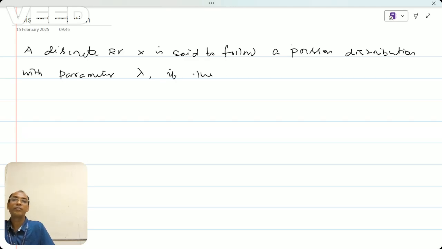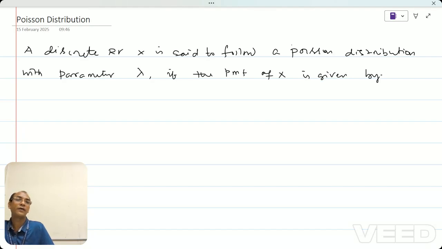the PMF, probability mass function of X, is given by probability of X equal to r is nothing but e to the power minus lambda into lambda to the power r divided by r factorial, where r is 0, 1, 2 and so on.